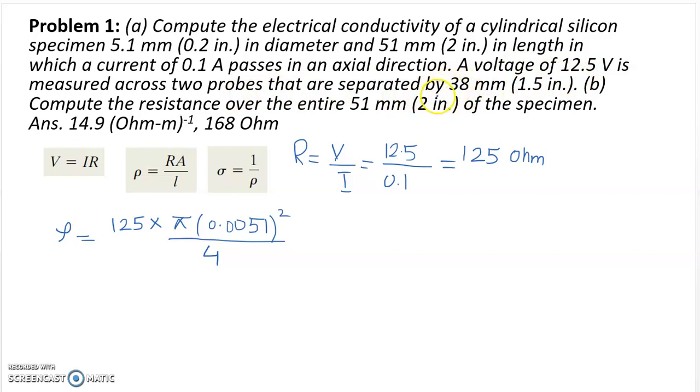So we should take this value, because this resistance value corresponds to this voltage difference, and this voltage difference is for this much length. You cannot take 51 millimeter over here, you should take 38 millimeter. So 38 millimeter is actually 0.038 meter. If you calculate it, you will get a value.